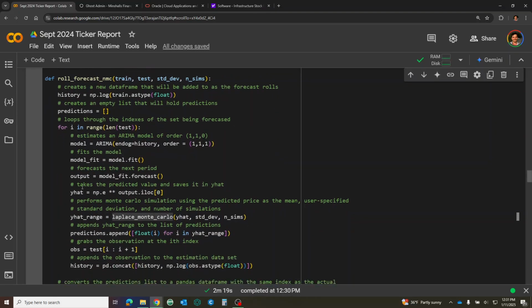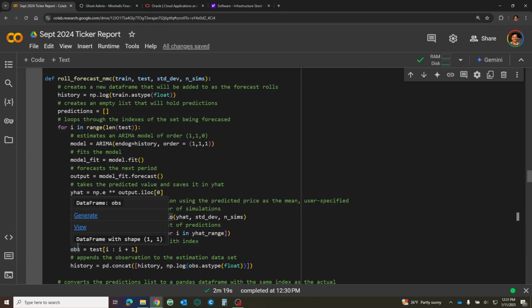Those will float down. So when we're going through each step of our data frame and getting that forecast and taking that y-hat, we then pass the y-hat into our Laplace Monte Carlo that does the number of simulations given our standard deviation. It will get the range, the max and minimum range.